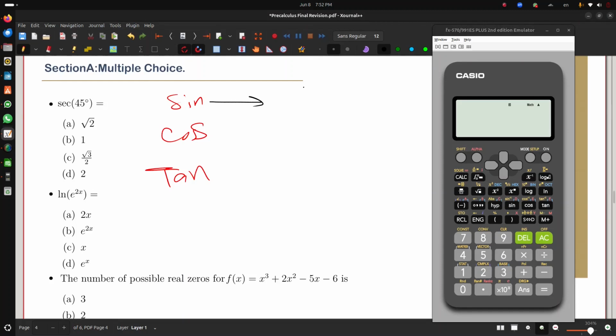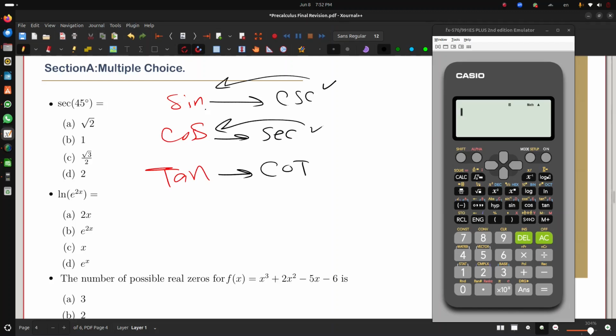What is the reciprocal for sine? It's cosecant. What is the reciprocal for cosine? It's secant. What is the reciprocal for tan? It's cotan. So if you need to find the answer of cosecant, you will get the answer for sine. If you want to get the answer for secant, you will get the answer for cosine. If you want to get the answer for cotan, you will get the answer for tan.